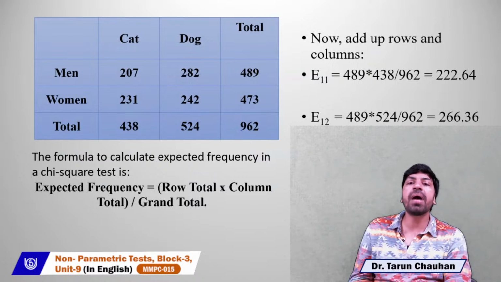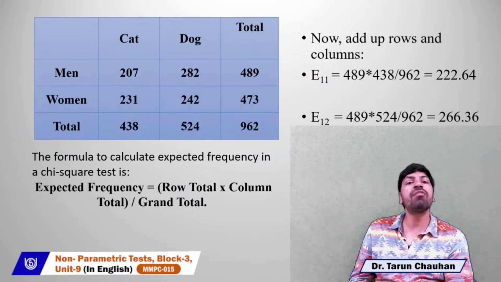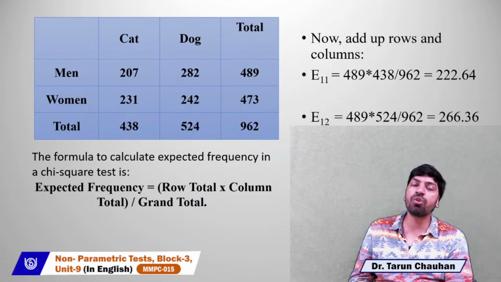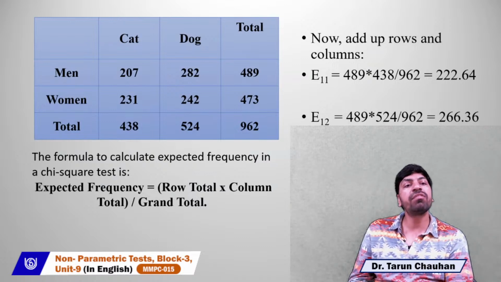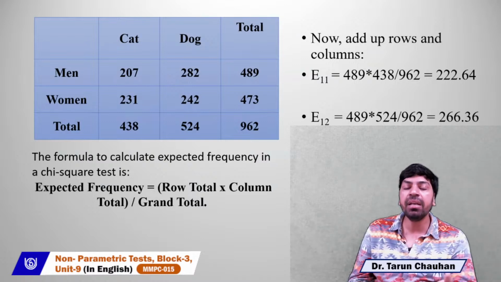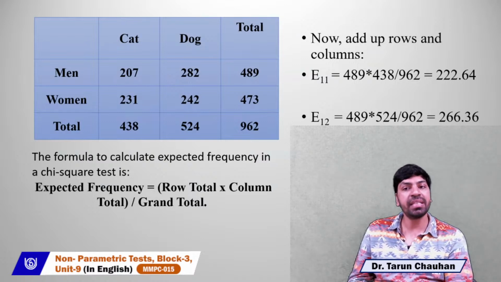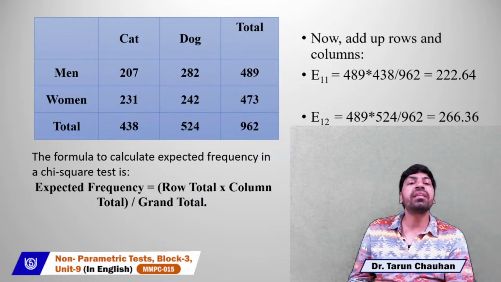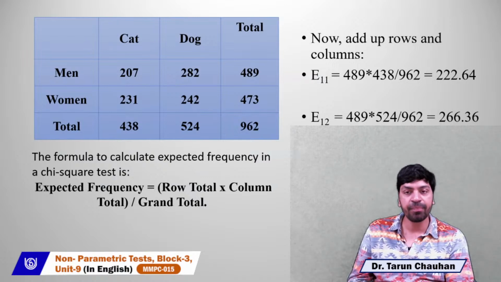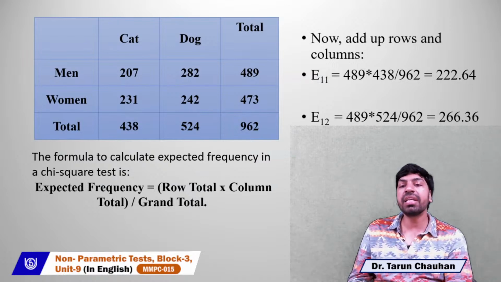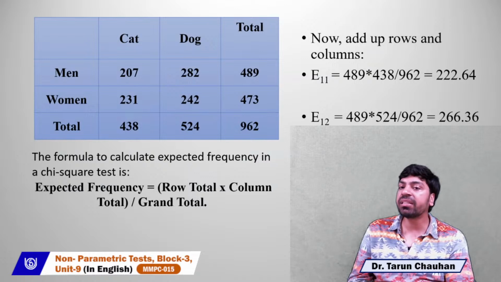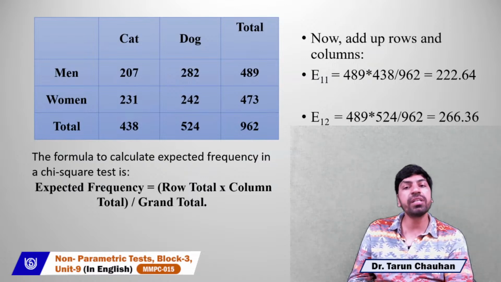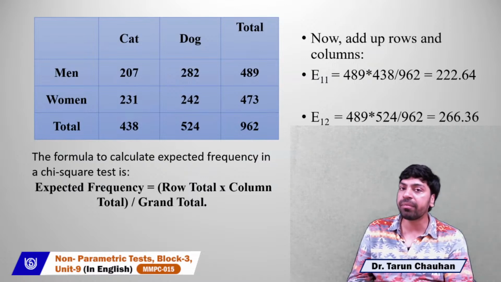So when we talk about the expected frequency of first row and first column, the first row is men, the total is 489, and the first column is cat, and the total of cat is 438. Accordingly, we need to calculate the expected frequency of first row and first column.